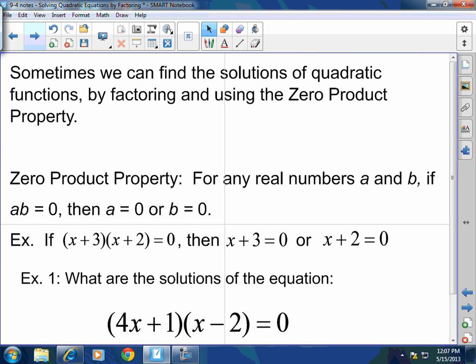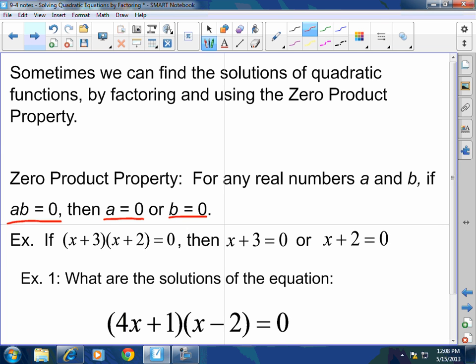Sometimes we can find solutions of the quadratic function by factoring. And once we factor it, we can use what's called the zero product property. The zero product property is a very powerful property which states that for any real numbers A and B, if A times B equals 0, then A has to equal 0 or B has to equal 0.